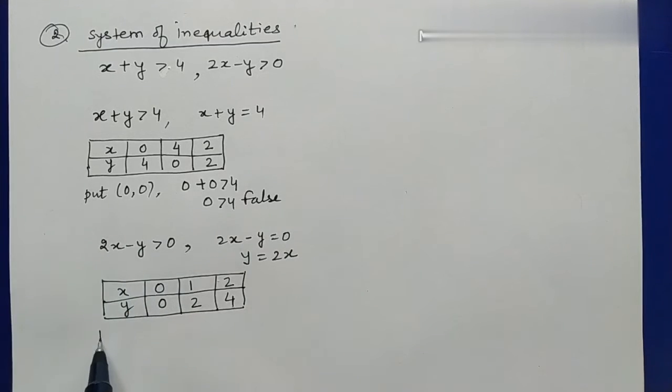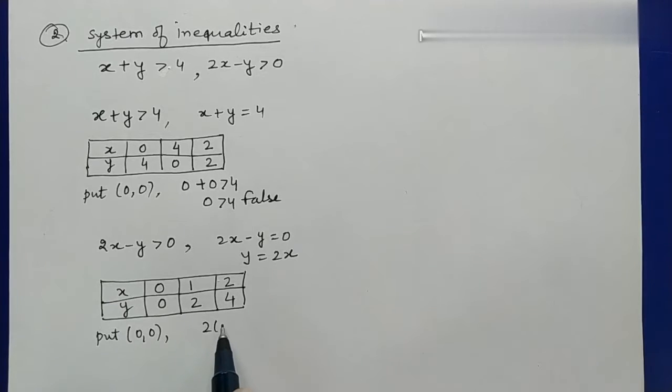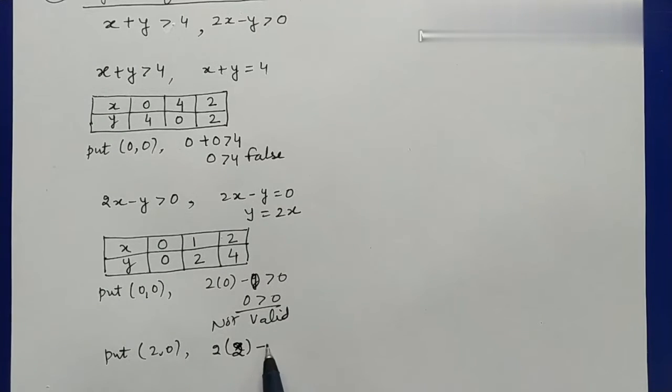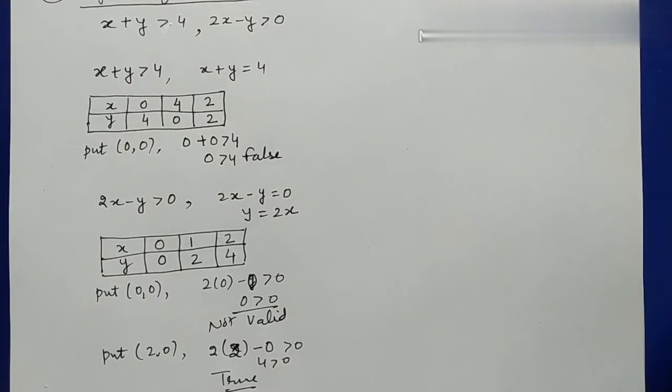If we put 0, 0 in the inequality, we get 2 into 0 minus 0, so 0 greater than 0, which is not valid. We got not valid, so we will put another point. For x equal to 2 and y equal to 0, we get 4 greater than 0, which is true, meaning the point 2, 0 is included in the solution.